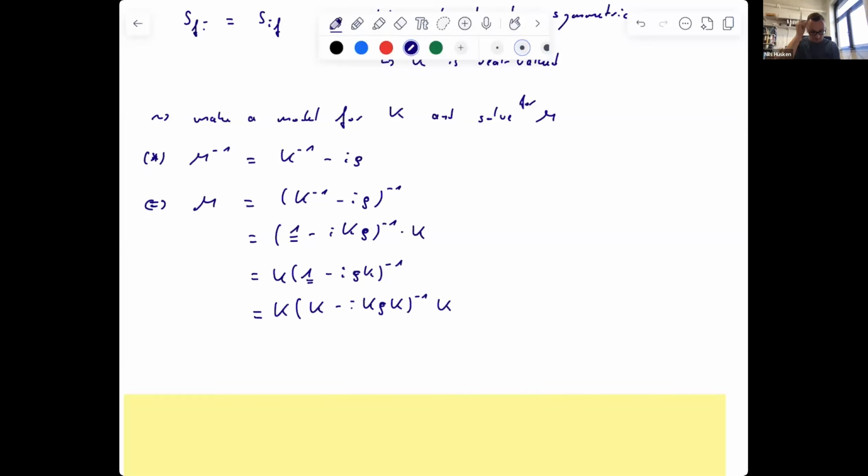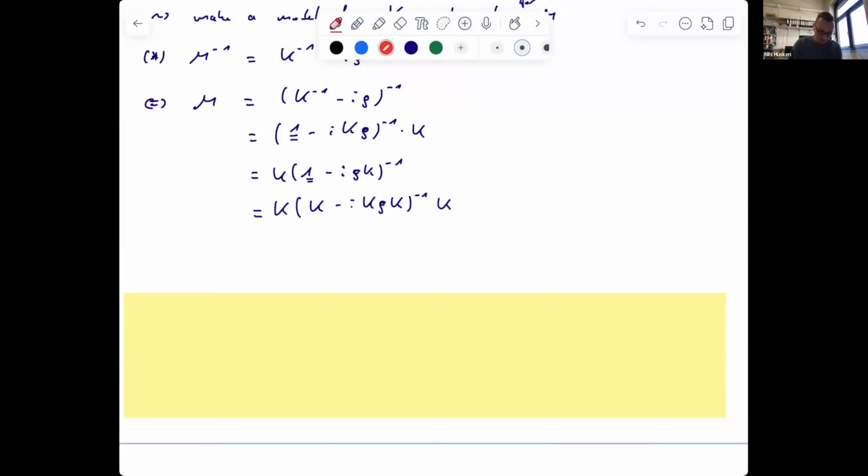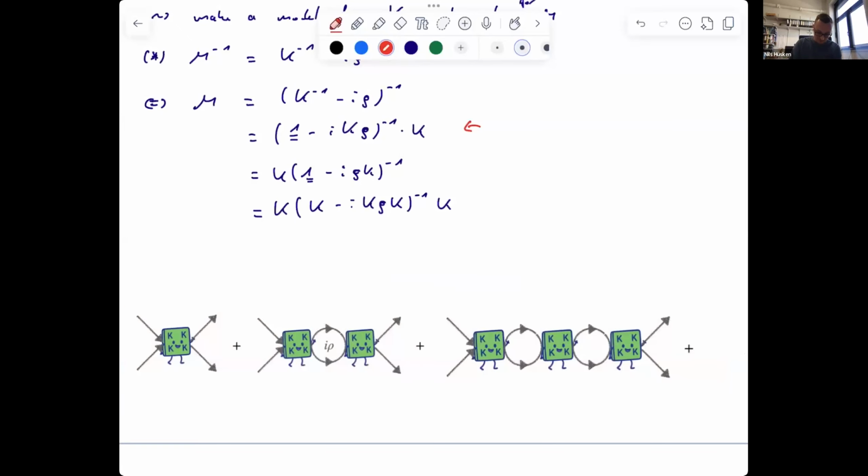Before we do this, I'd like to highlight a little bit how to interpret this equation, in particular this one here. And how to interpret it is in this way, using this diagram here. Because what you can do is expand this in terms of a series.